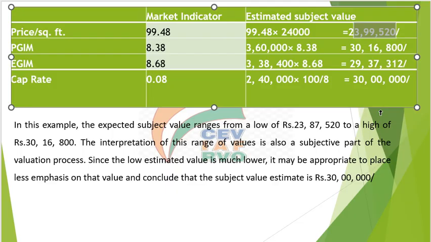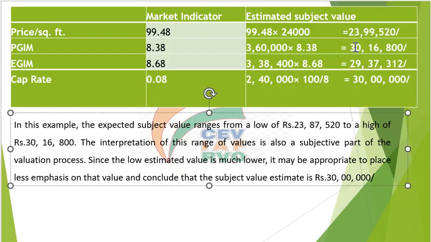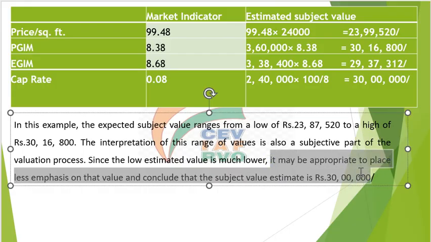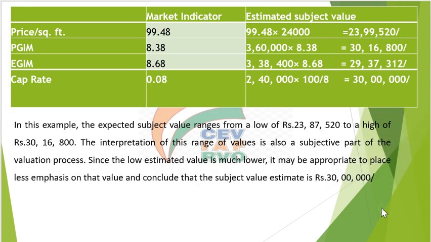But in the end you have to give a single value, so you can safely give the value as 30 lakh. It may be appropriate to place less emphasis on that value and conclude that the subject value estimate is 30 lakh. So this is just an example of the sales comparison approach.